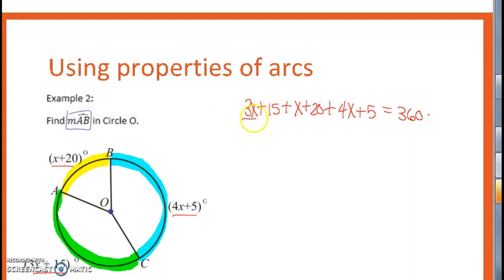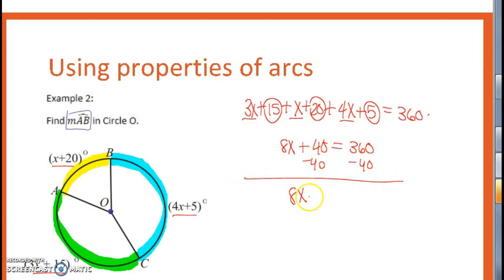So combining like terms, 3x plus 1x is 4x, plus 4x is 8x. And then I have 15 plus 20 is 35, plus 5 is 40. That equals 360. So solving this, I take away 40 from both sides. And that leaves me with 8x is equal to 320. And my last step is to divide by 8. So x is going to equal 40 degrees.